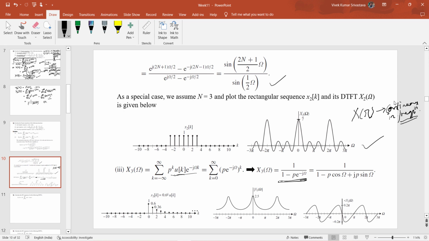Here is the plot of the magnitude of the discrete time Fourier transform and the phase of the discrete time Fourier transform, which also shows that it is continuous in frequency. So after performing the discrete time Fourier transform, we get a function that is continuous in frequency.